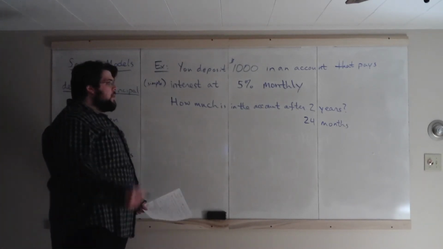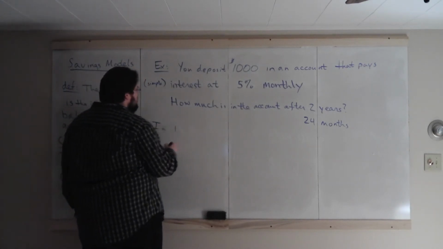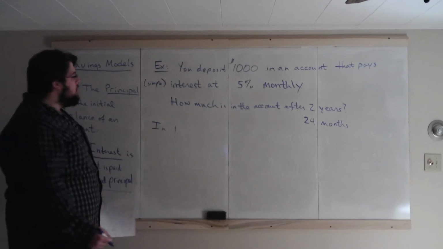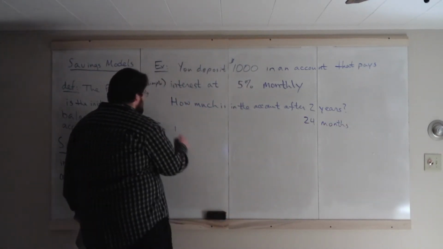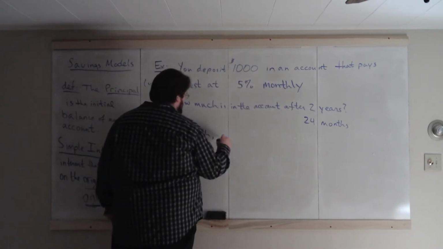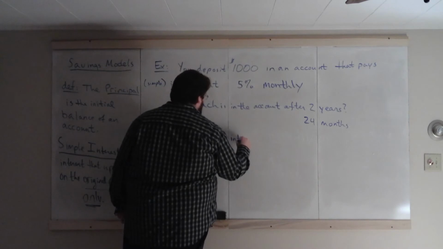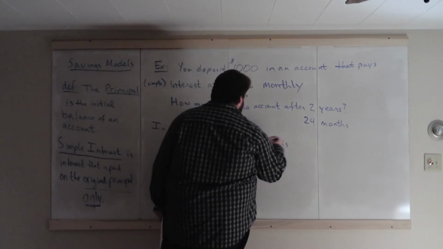Well, let's find what happens in 1 month. Once we find what happens in 1 month, all we have to do is add that on 24 times. So in 1 month, interest earned is what?